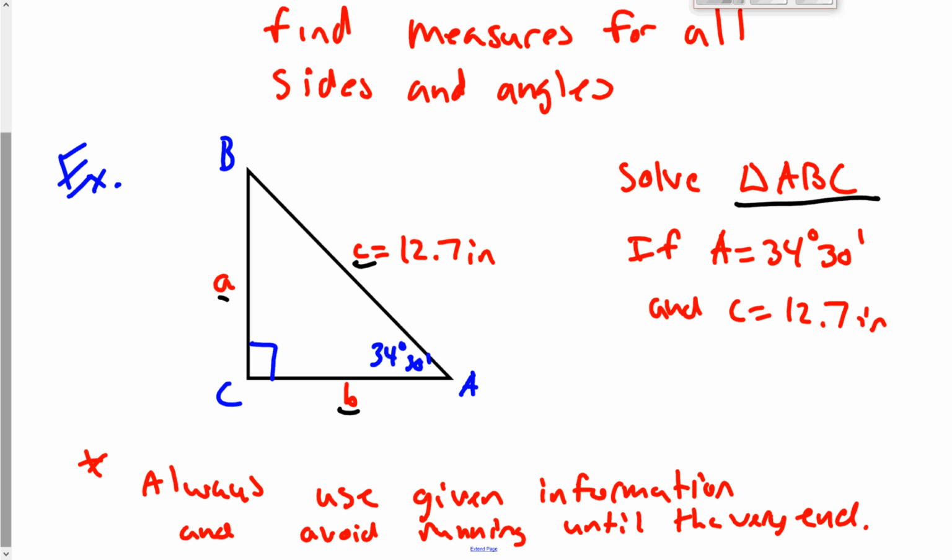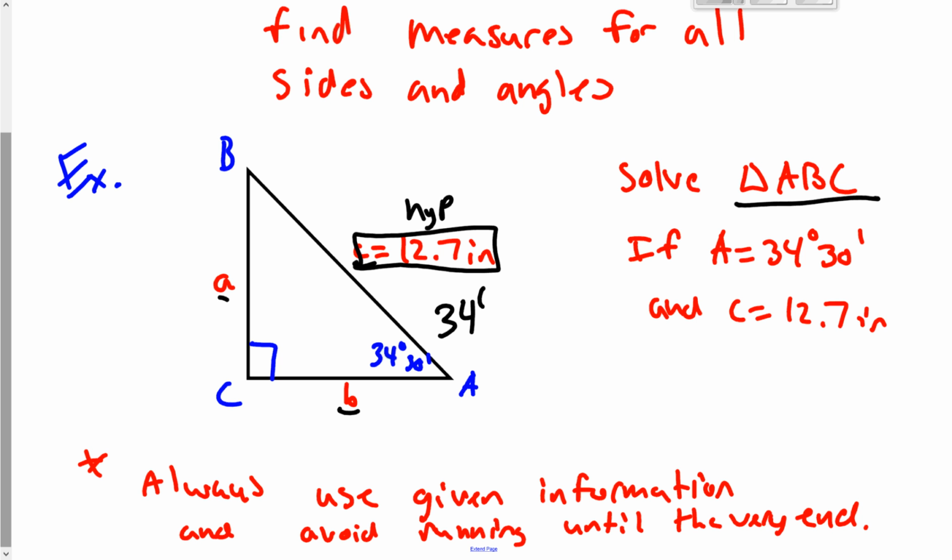Once you have your angles and sides labeled, we want to figure out which trig function to use, sine, cosine, or tangent, based on the information we're given and the information we want to find. We're given side c, which is the hypotenuse, because it's opposite the 90. We're given angle A, which we need to convert from degrees, minutes, and seconds to decimal degrees.